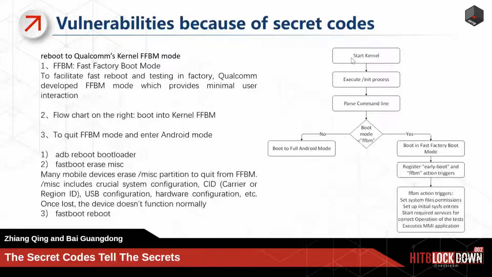Once the kernel is started, it will execute the init process, and here instead of booting into the Android mode, which is heavier, we can choose to let the phone boot into the FFBM mode during development on the manufacturer side.